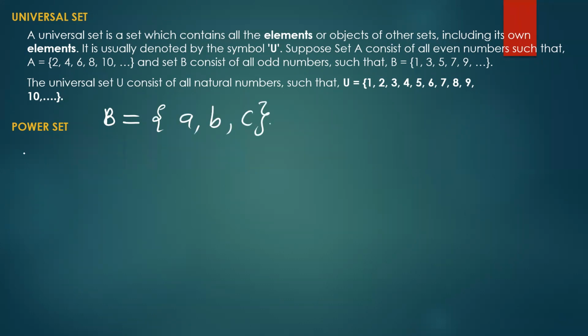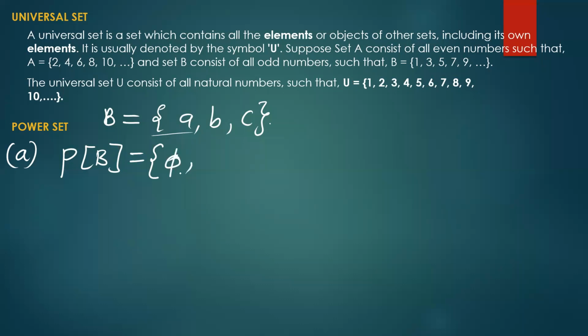So if they ask you to find the power set of B, the power set of B is simply a set that contains all the subsets of the set B, including the empty set and the set itself. So the first subset of set B that we have is the empty set. So you can write the empty set there.